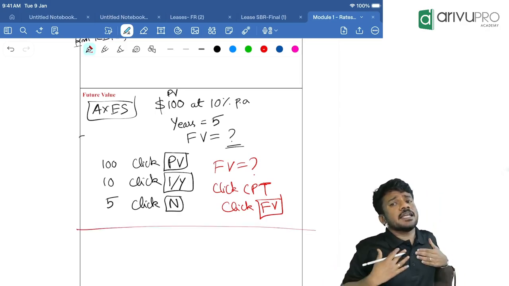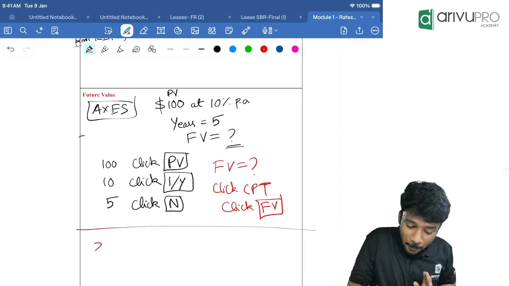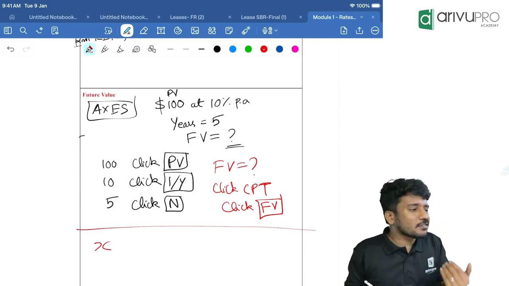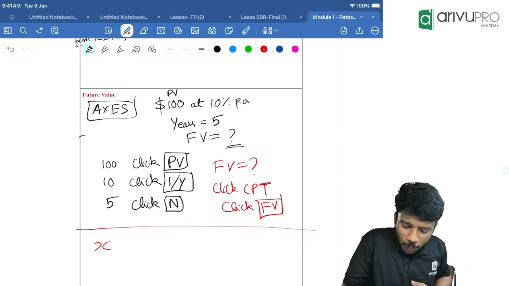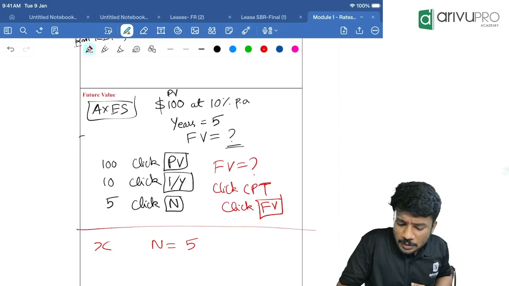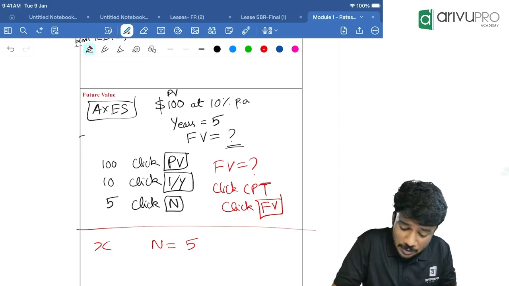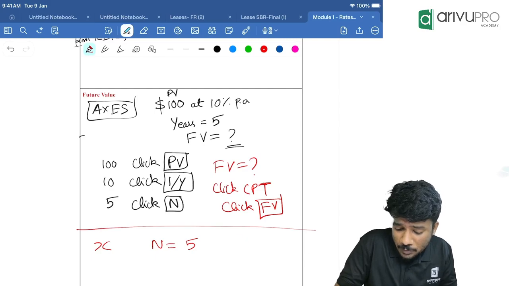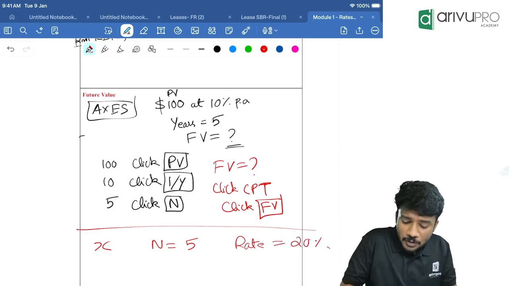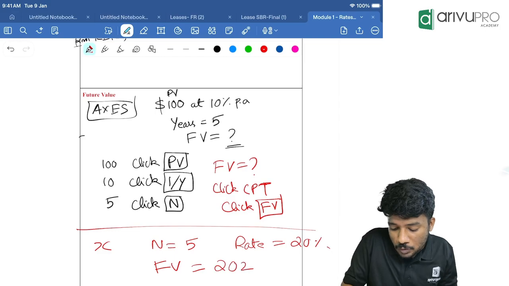A bank is telling me, if I invest X dollars of money for a number of years, 5 years, at a rate, the I by Y value, given as 20 percent, they will offer me a future value of $202.